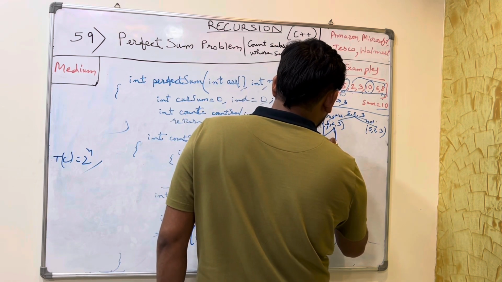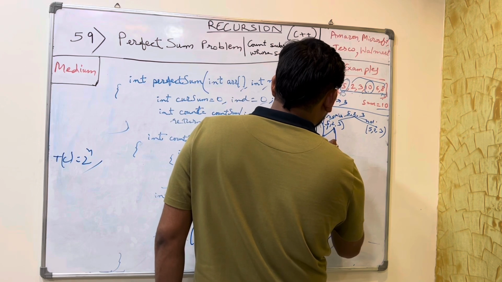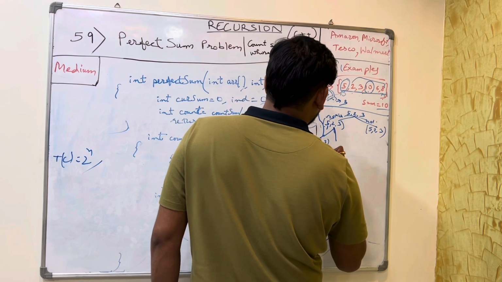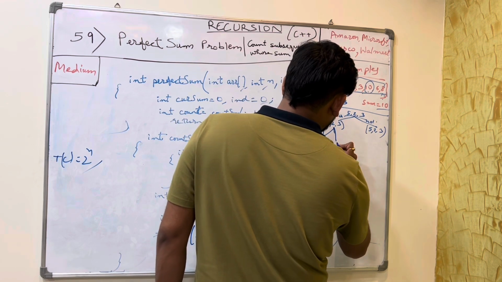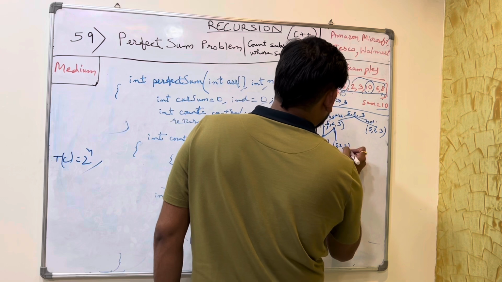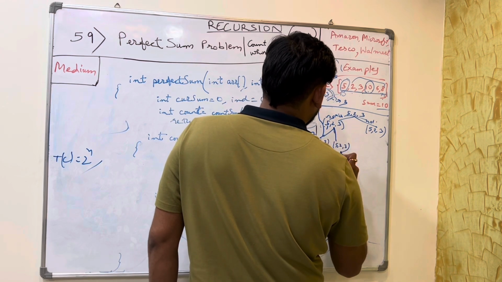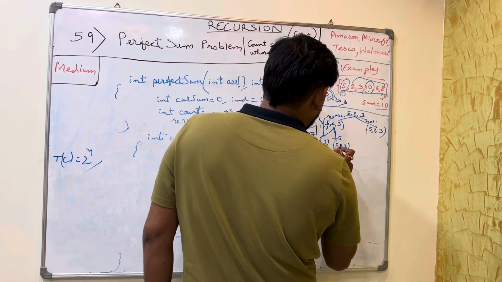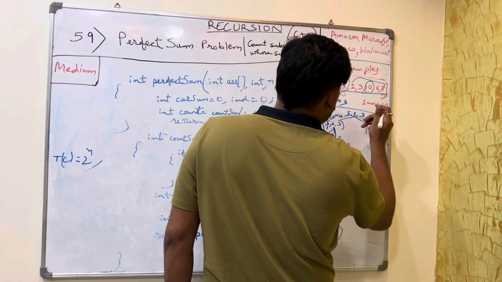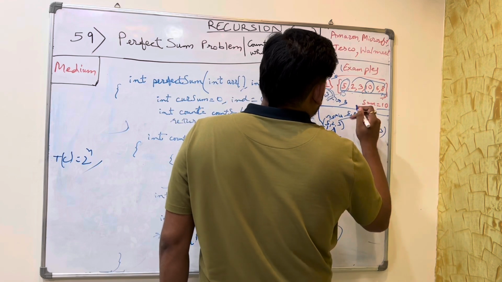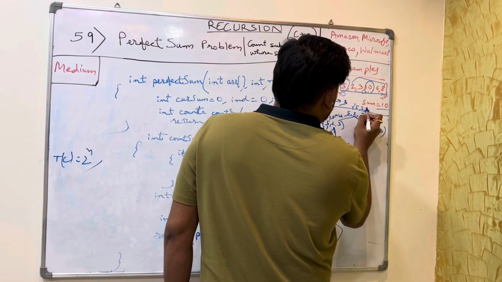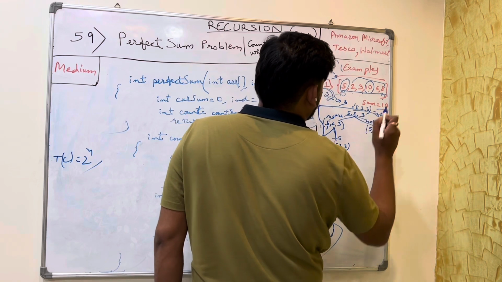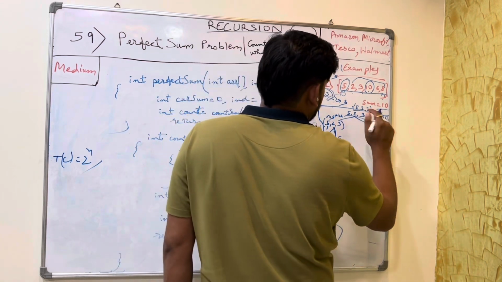If we pick it, then 5, 2, 3. Here we have picked 2 and here we have not picked 2. If we have picked it, the sum is 7. If we have not picked it, our sum is still 5. Assuming the array is only 5, 2, 3 and the sum is 10, we have only one subset with that sum, so the count would be 1.